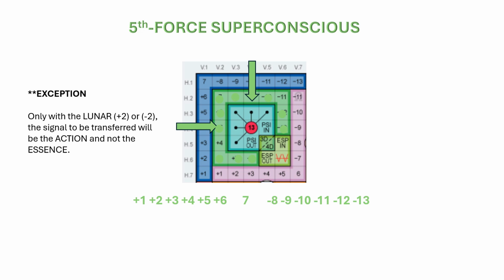Only with the lunar tones, no matter if it's activating or supplementing, the signal to be transferred will be the action and not the essence. I'm repeating it again so you don't forget. That is the only magnitude or number that is going to be transferred by its action and not its essence, because the essence of the lunar tone is challenge, and we're not going to transfer challenge to our senses.